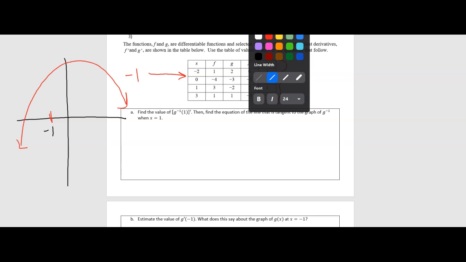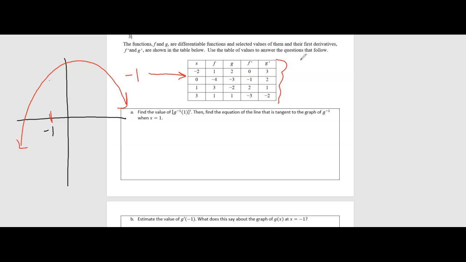So let's just say our function looked like this, and I don't know exactly what type of function we have here, but we'll say that's x equals negative 1, and we'll say our function looks something like this. So what we're trying to do is estimate the slope of this line right here.